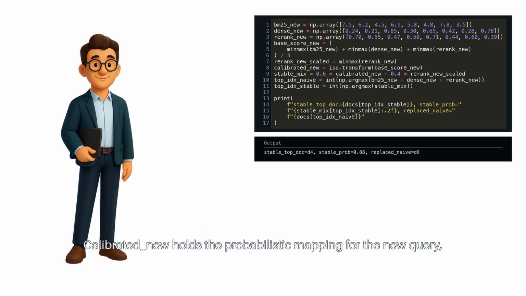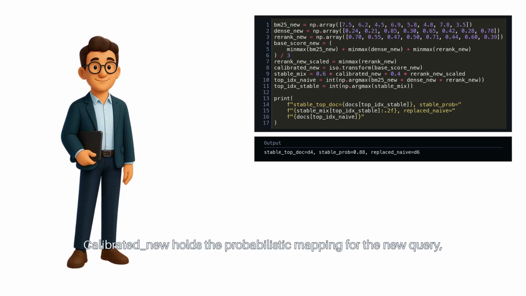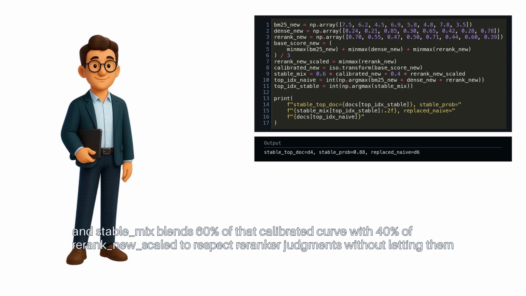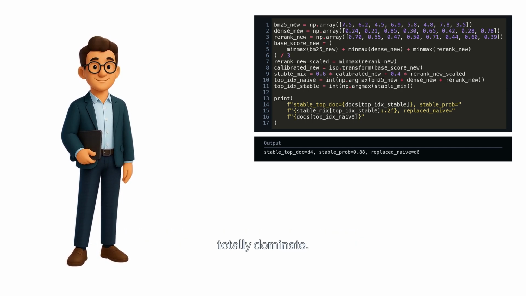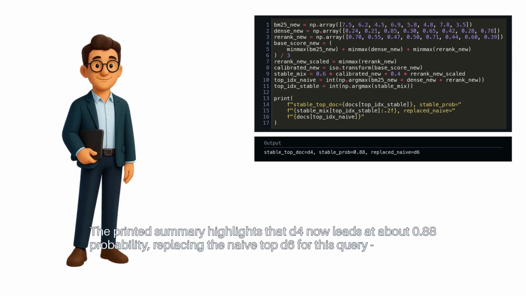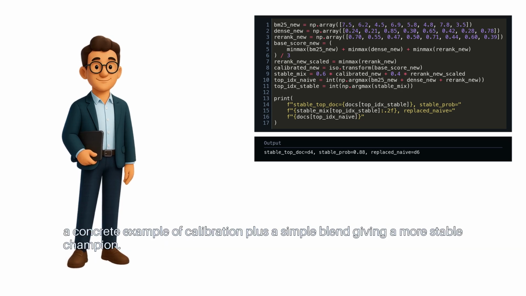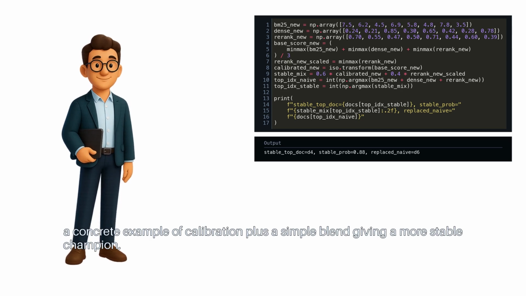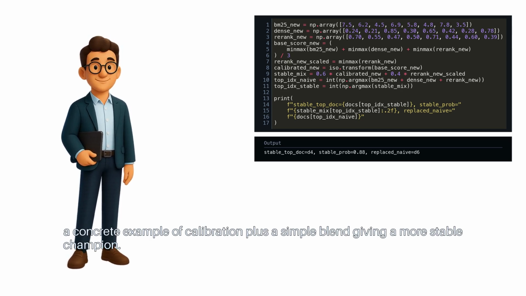Calibrated new holds the probabilistic mapping for the new query, and stable mix blends 60% of that calibrated curve with 40% of rerank new scaled, to respect reranker judgments without letting them totally dominate. The printed summary highlights that D4 now leads at about 0.88 probability, replacing the naive top D6 for this query. A concrete example of calibration plus a simple blend giving a more stable champion.